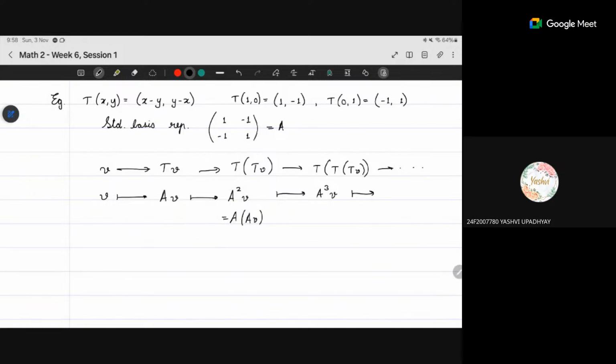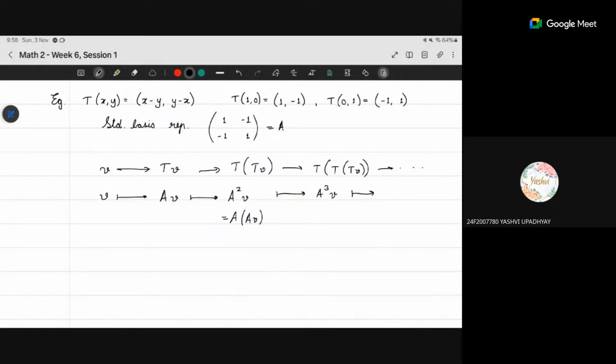The number of times you want to apply the linear transformation on the given vector is nothing but the number of times you have to multiply A with itself. But if you try to multiply A for a general matrix, maybe for this matrix it is easy, but for a general matrix it might not be very easy to calculate the nth power of a matrix, right?